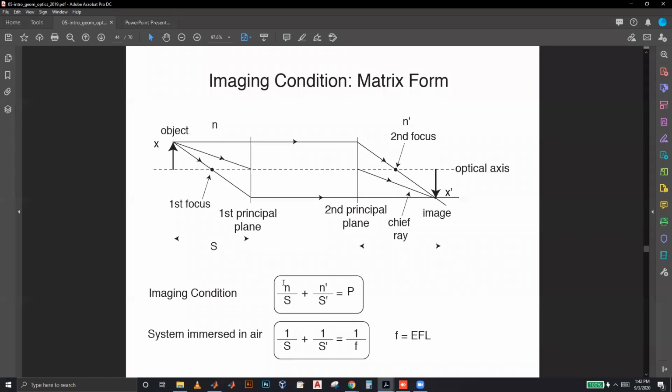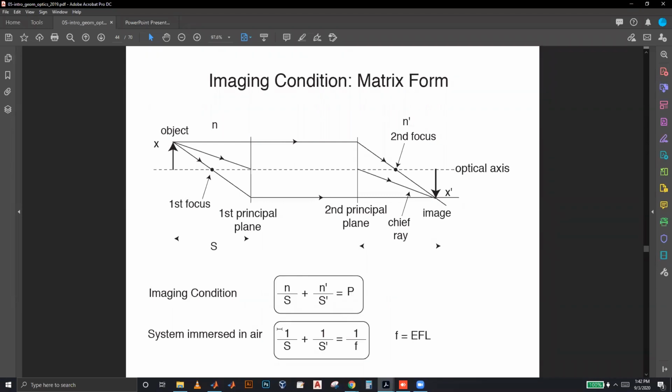This is something we learned in school. If your entire system is in air, right? Basically, if your object is in air and your image is in air, your n and n prime becomes 1, right? So you replace n by 1 and n prime by 1, and s is your object distance, s prime is your image distance, and p, the power, is 1 over focal length.